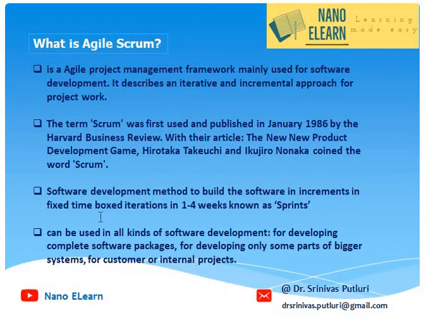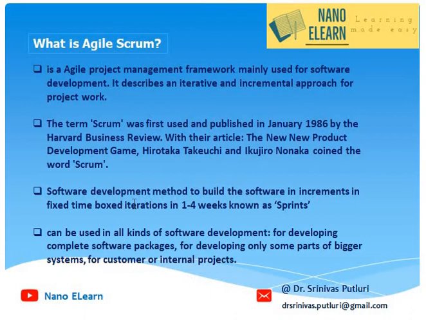The software development method is used to build the software in increments in fixed time-boxed iterations within 1 to 4 weeks, called as sprints. These sprints are nothing but the software development cycles or iterations which we usually learned about in traditional projects like the waterfall model.